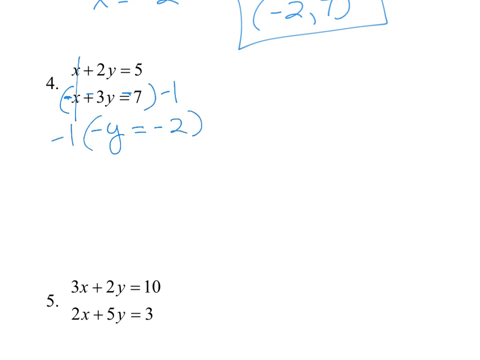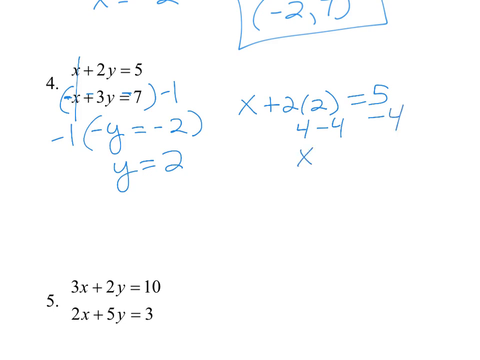I'll multiply through by -1, and that gives me y equals 2. Plug that in. X plus 2 times 2 equals 5. Well, that's a 4. So I'm going to subtract 4 from both sides, and I get x equals 1. So my answer is 1, 2.